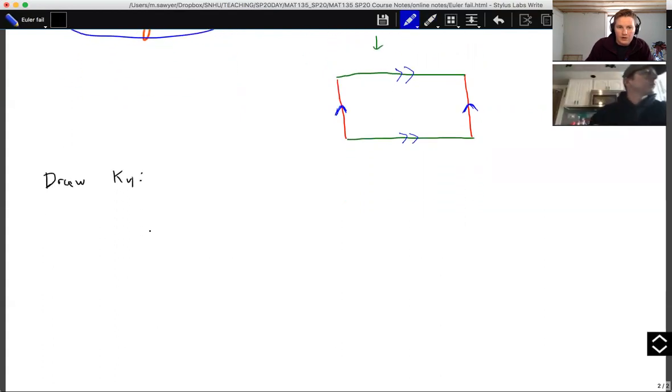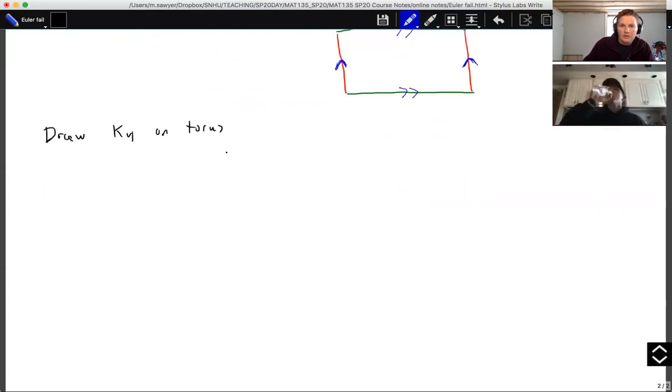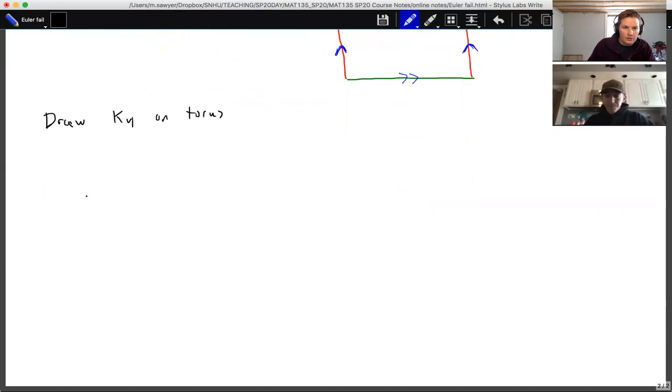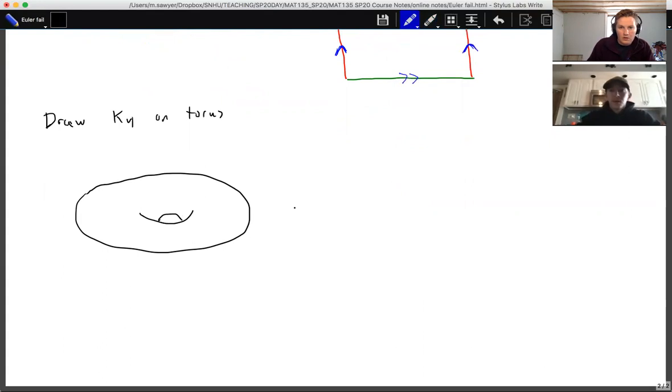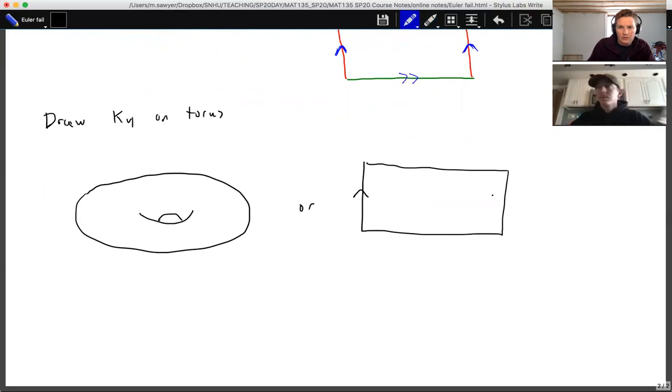If we draw a K4 on a torus, we could say that we have our three-dimensional shape here, or we could say that we have our rectangle here. These are both the same representations. And so when we're looking at this, we can either draw our torus as our K4. Remember, a K4 looks like this in the plane.